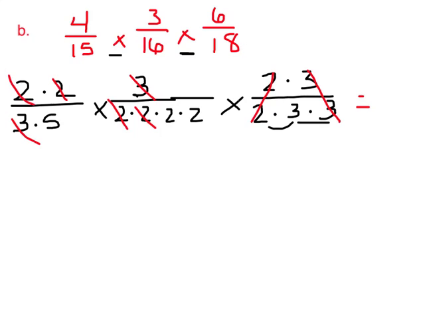But I'll just put a 1 right there. And then on the bottom I have 5 times 4 is 20 times 3 is 60. Okay? Go to the next one.